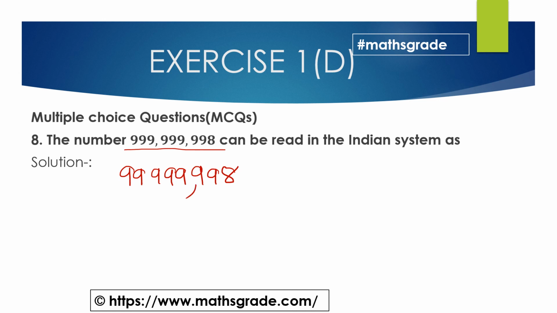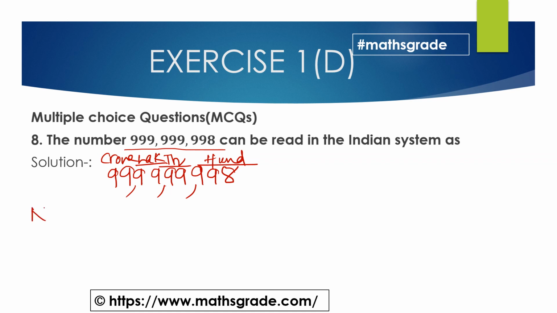So in the Indian system it will be 99, 99, 8. This is hundreds, this is thousands, this is lakh place, and this is crore place.